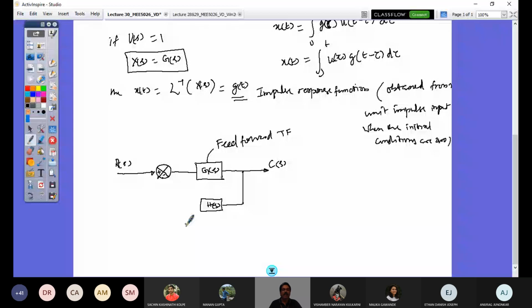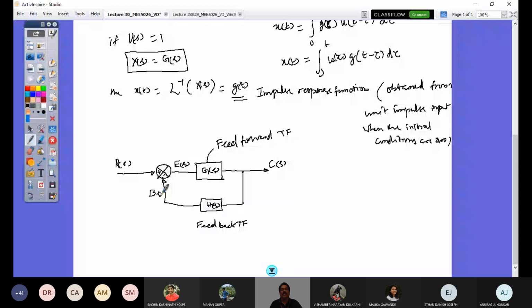That signal will be taken to this summing point. This is the error that has to be subtracted from my input and corrected, and I will get my corrected signal out of the summation point. This is E of S. And what goes into the summing point from the feedback path is called B of S. So B of S is the corrected or feedback signal.